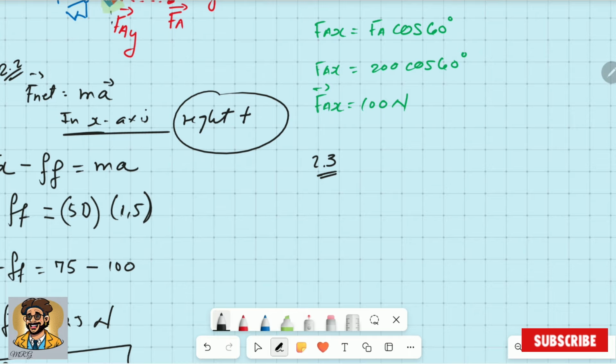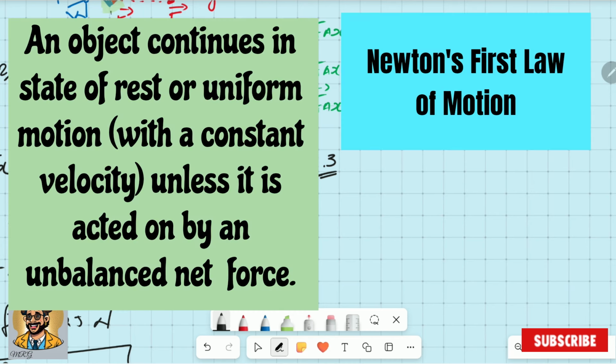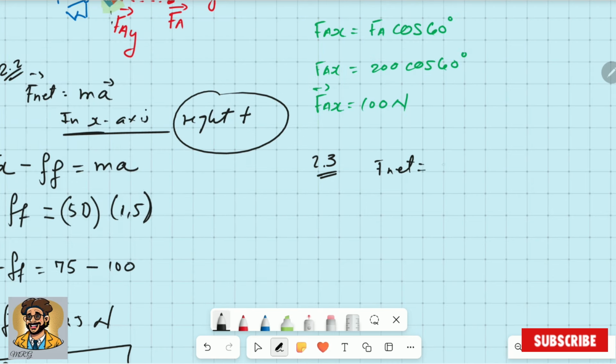I am going to apply Newton's first law of motion. Why Newton's first law of motion? Because the object is not moving in the y-axis. So I'm going to say F net is equal to 0. I'm going to work in y. You can write actually at the beginning here, in y axis, and you can say up is positive.